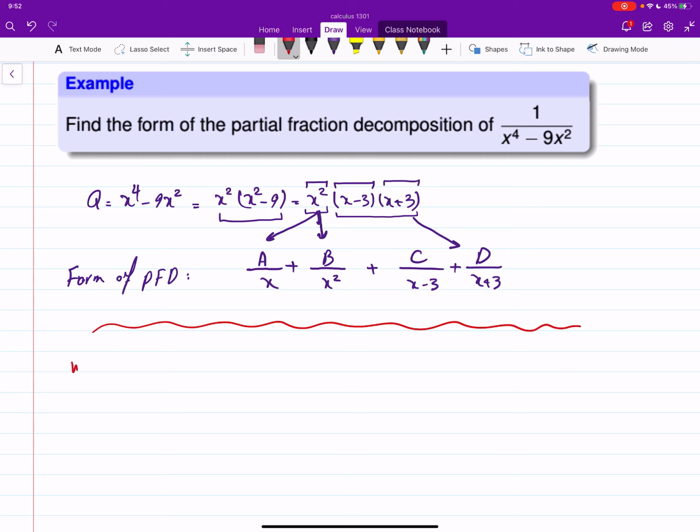So what about quadratic factors? Well, it will work very similarly.